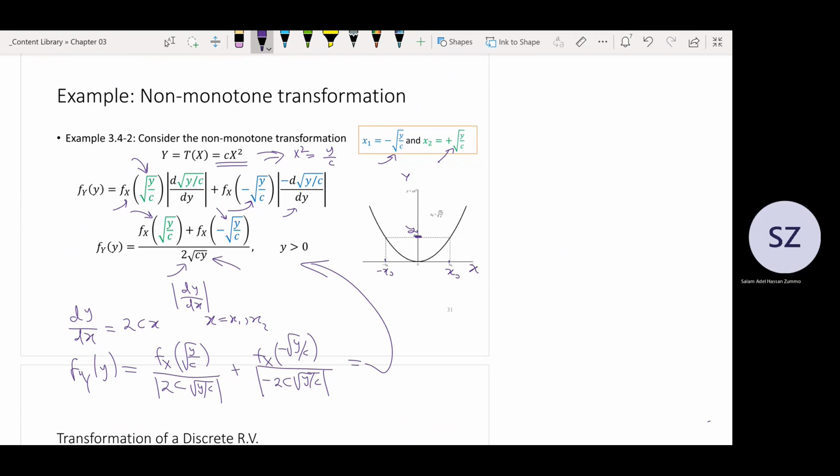Is it clear, guys? How did you get it? It is the same thing as the monotonic case, however you repeat it for the different zeros of the transformation equation. Any question?